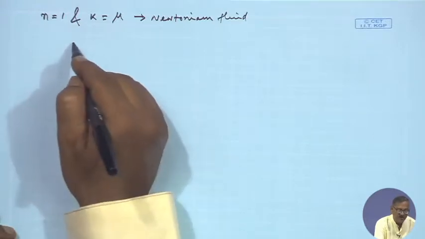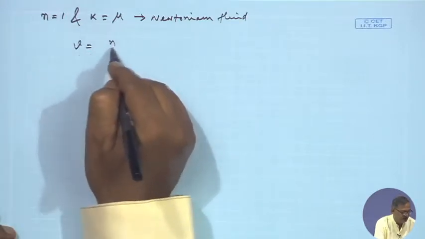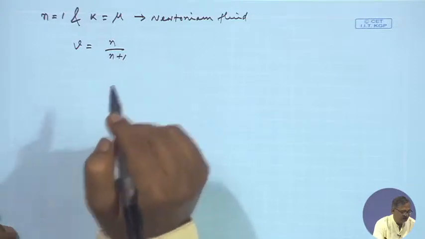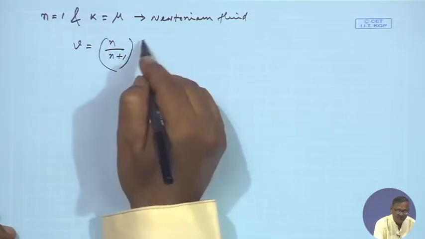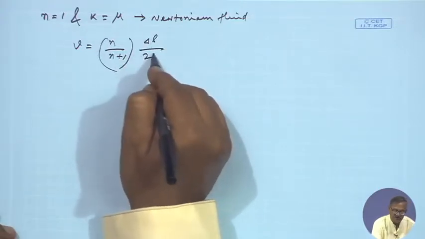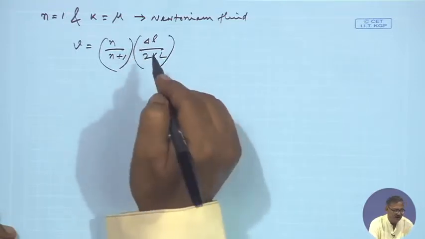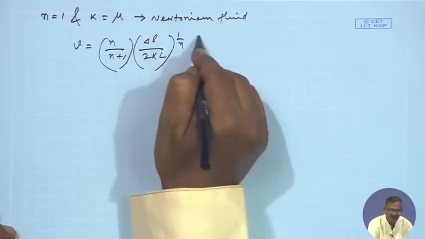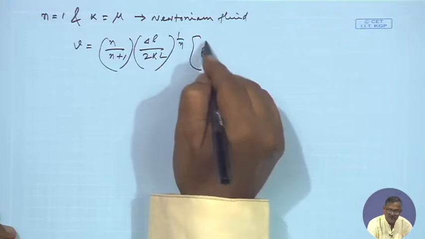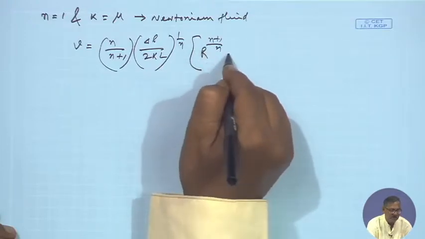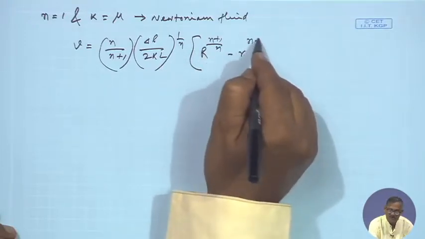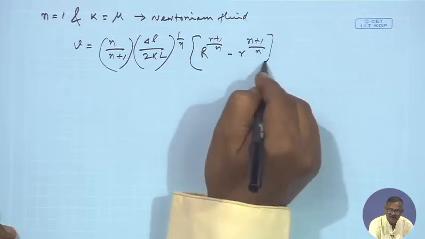We can then write V equals n by n plus 1 into delta P by 2 K L to the power 1 by n into R to the power n plus 1 by n minus small r to the power n plus 1 by n, right.